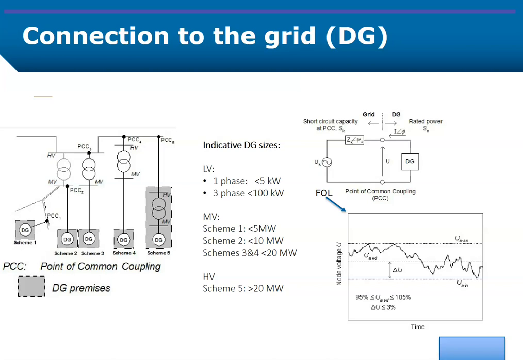And of course, as you can see up on the right, you have the short circuit capacity, the Sk, that will be very important when you connect to the point of common coupling. Typically you want to have not so high voltage variation, as you can see in the figure down here on the node voltage. So typically between plus minus 5% of the rated or nominal voltage is what you are looking at.